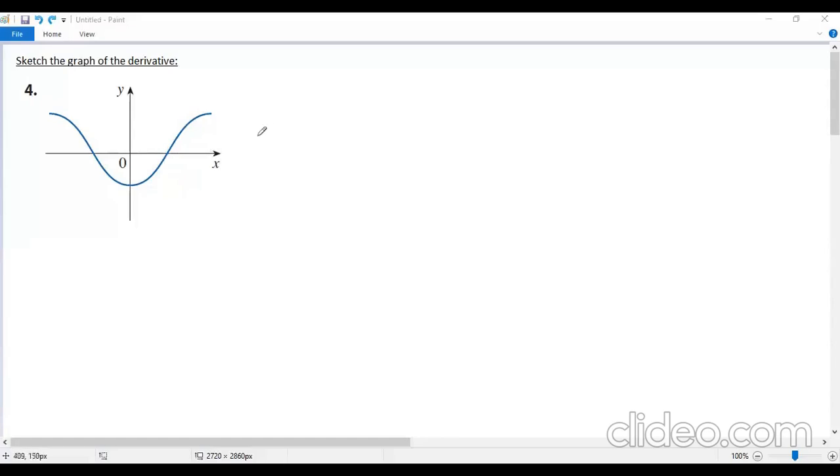Now, the basic idea, and perhaps we'll look at a side example, is that if we had a graph like something like this, essentially we would have a parallel graph to this, and it would look something like this. This would be f of x, and this would be f prime of x.